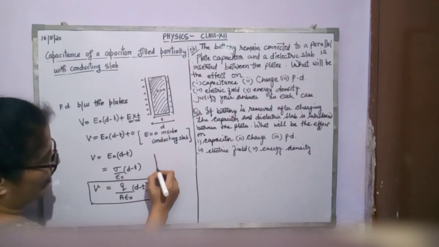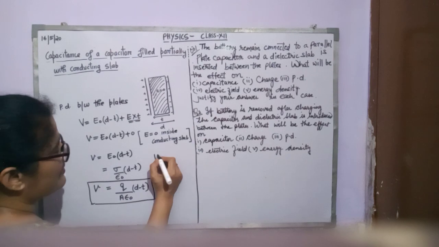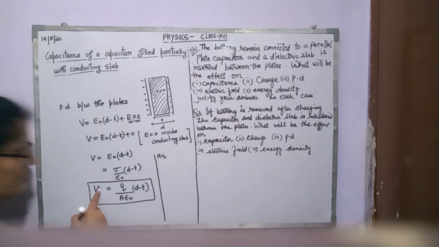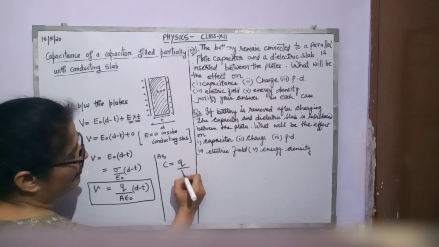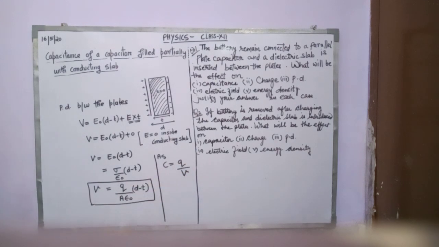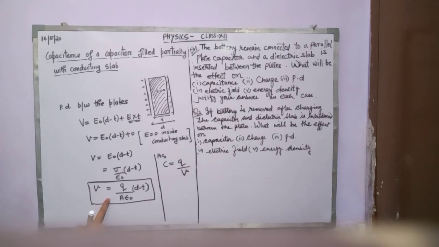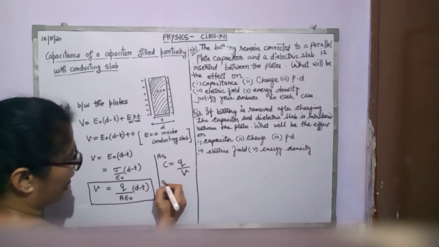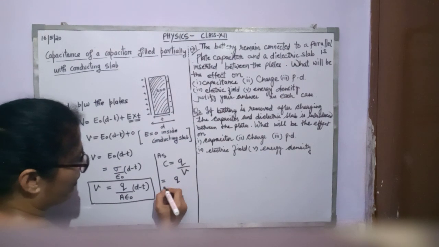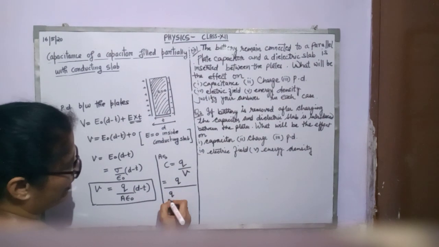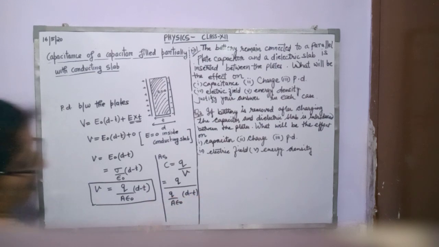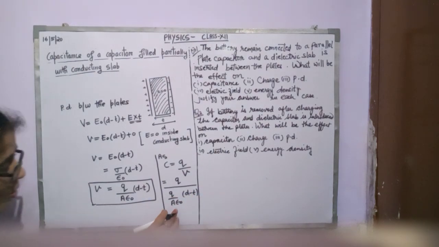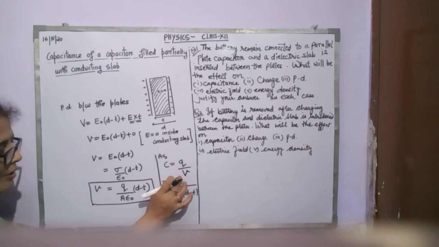Now, you know the relation between the capacitance and the potential. C is equal to Q upon V by the definition of capacitance. Now substitute the value of V into this expression. We get Q divided by Q upon A epsilon naught within bracket D minus T. Now A epsilon naught comes in the numerator.